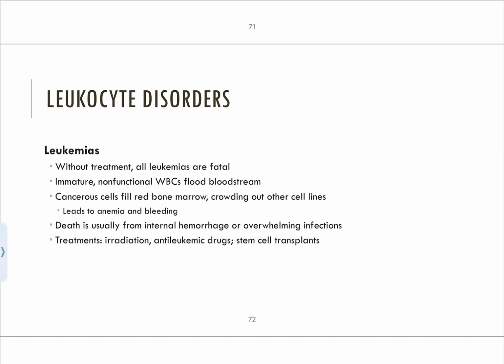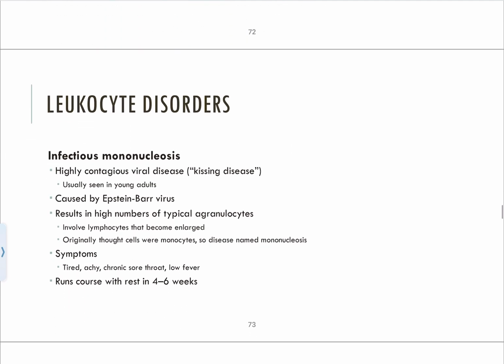Death is usually from internal hemorrhage or overwhelming infections because we are producing non-functional white blood cells. So if we have some sort of infection, we don't have the white blood cells there to help combat it. Treatments include things like radiation, drugs, and stem cell transplants.